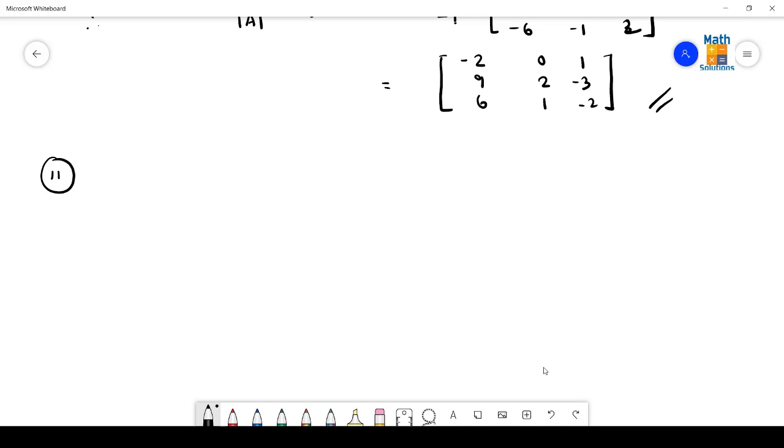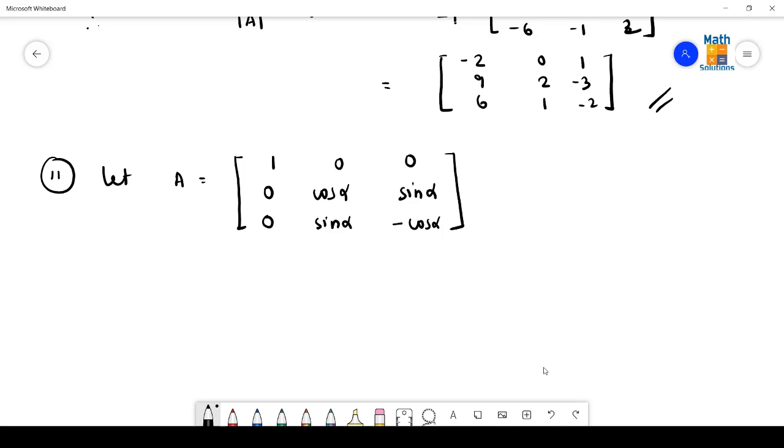In question number 11, let the given matrix be considered as capital A. This matrix involves some trigonometric terms: 1, 0, 0, then 0, cos alpha, sin alpha, then 0, sin alpha, minus cos alpha. First of all let us find the determinant value.